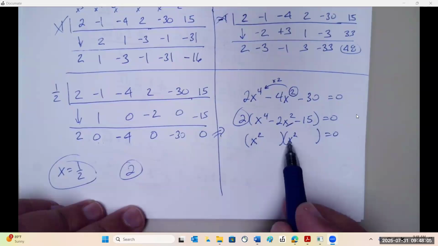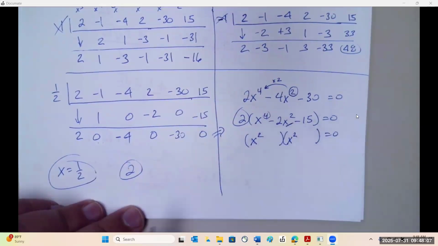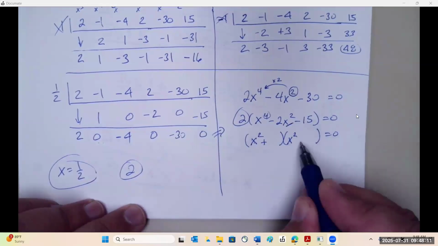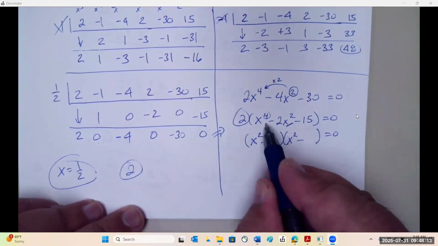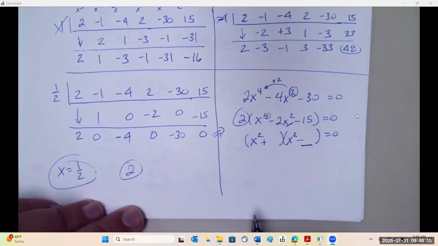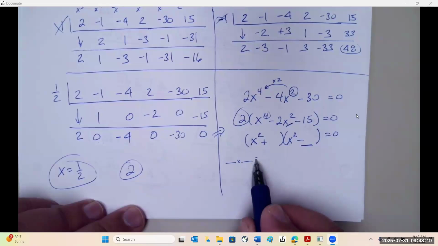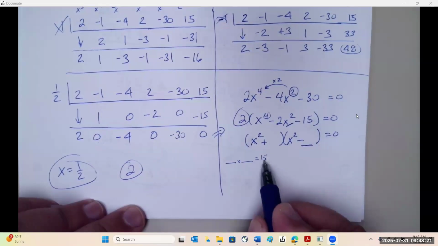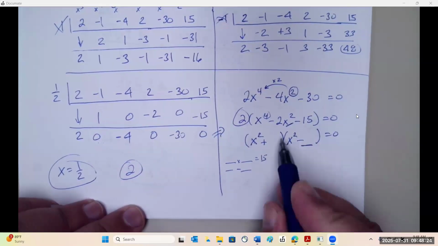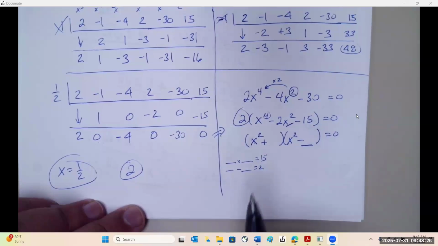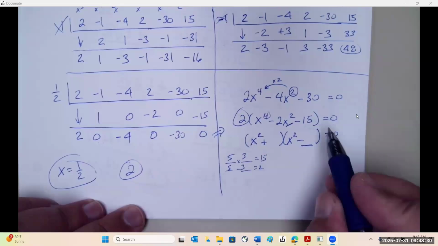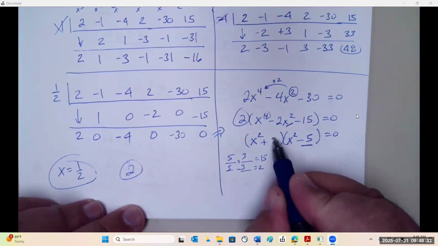Because remember, this one times this one has to equal x to the fourth. Since the second sign is a minus, they're opposite signs. The bigger number gets the minus. What times what is 15? When you subtract them, you get 2. 5 and 3. So the bigger number gets a negative.